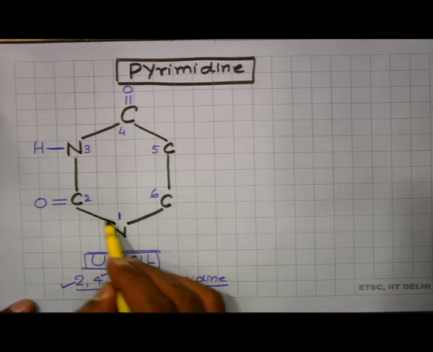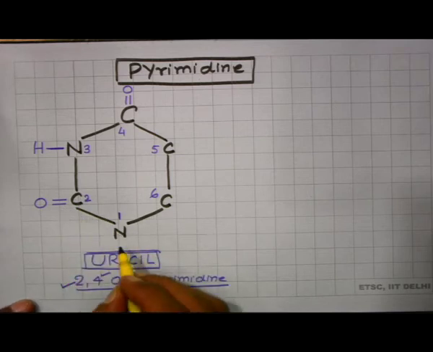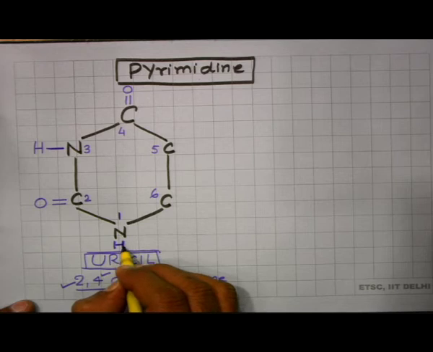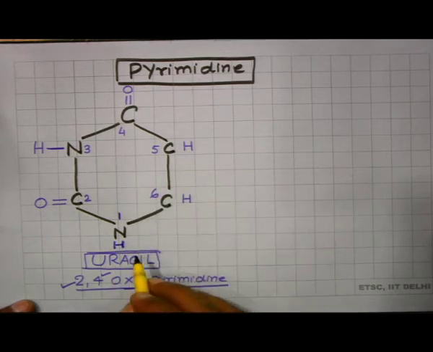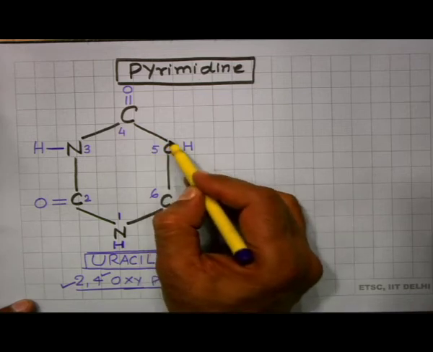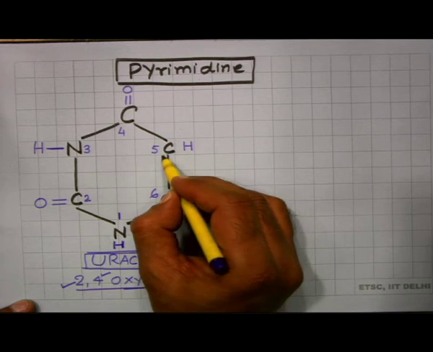We do not place the double bond here, because when we place the double bond here carbon has 5 bonds. So, nitrogen is attached with the hydrogen, here hydrogen is attached same as the purine. Now, in this case the carbon has 1, 2, 3. So, here is the double bond.